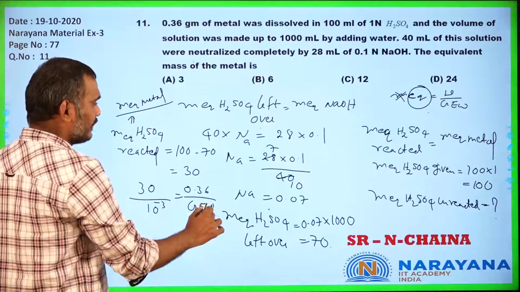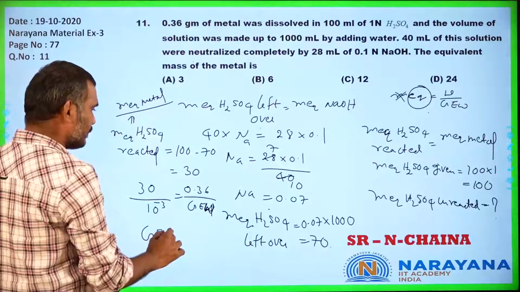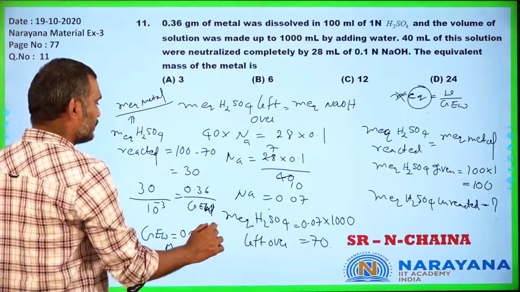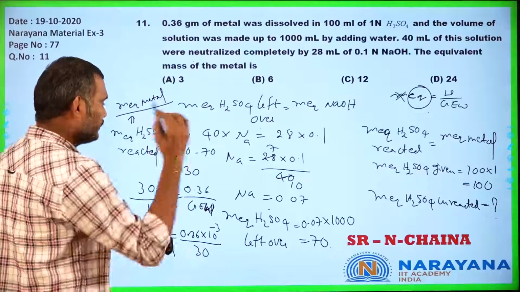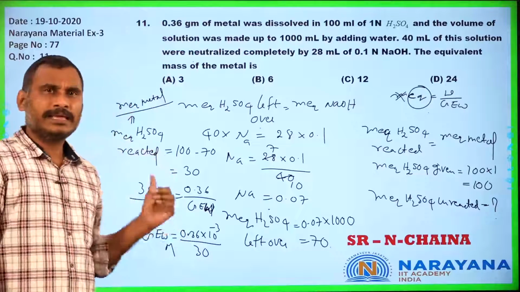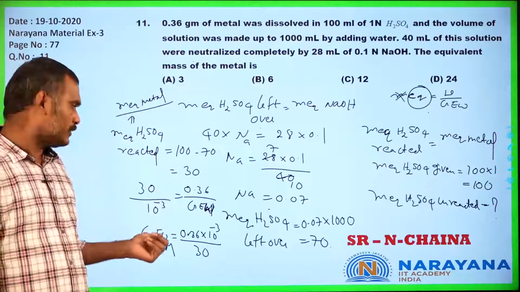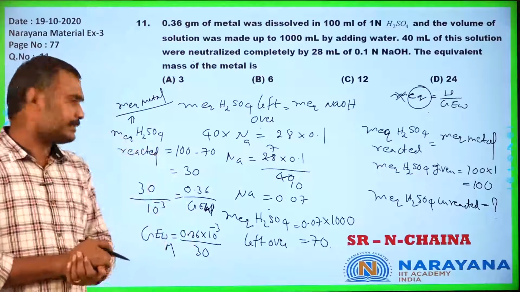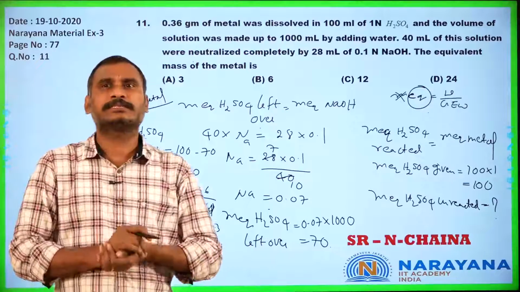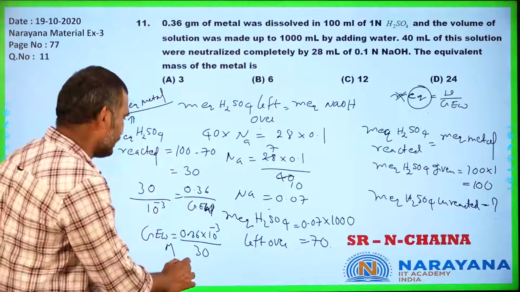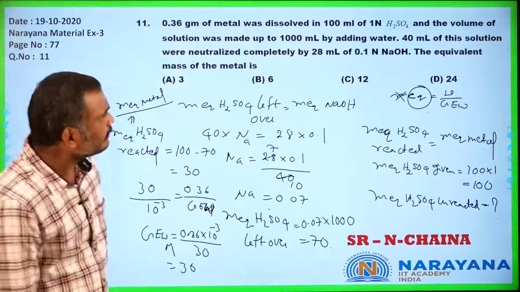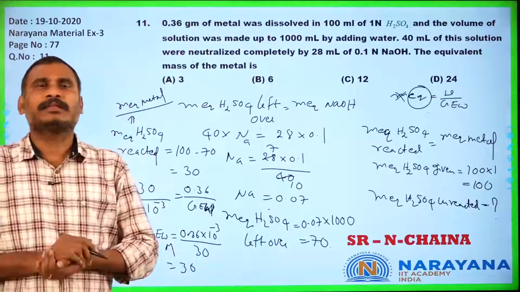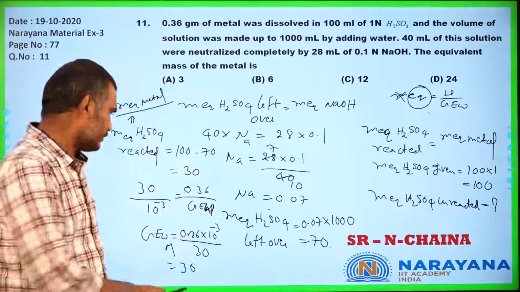So gram equivalent weight of the metal is equal to 0.36 into 10 power minus 3 by 30. Yes or no? After doing so you will get 0.36 into 10 power minus 3 by 30. Milli equivalence of the acid is 30.